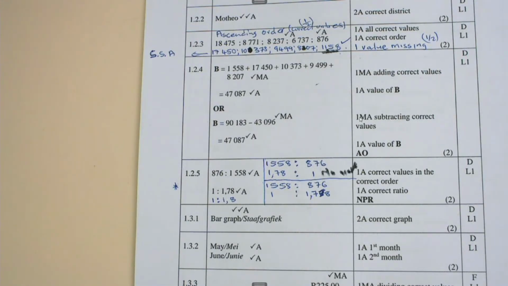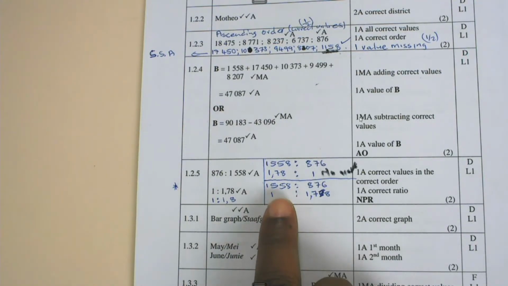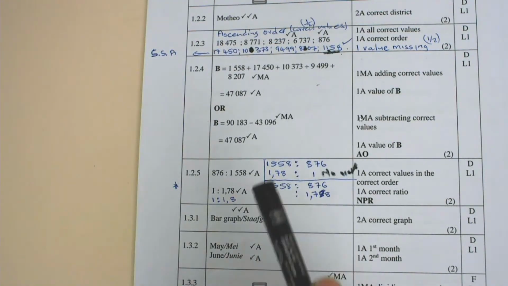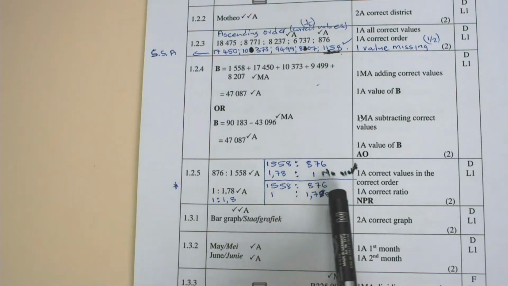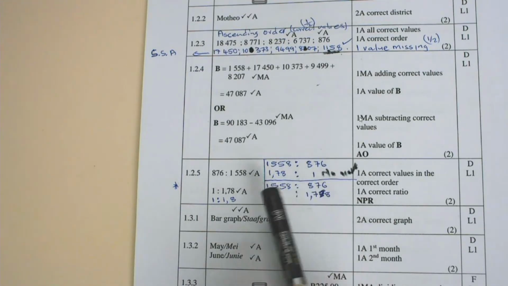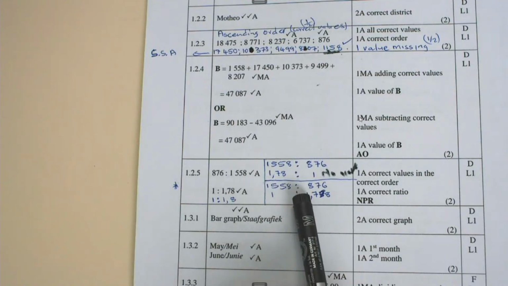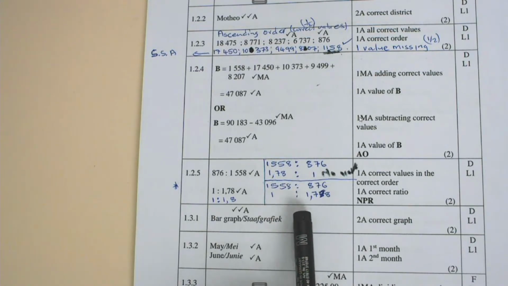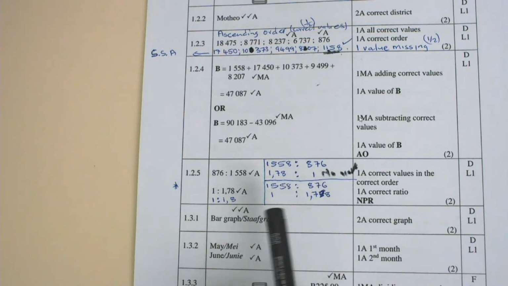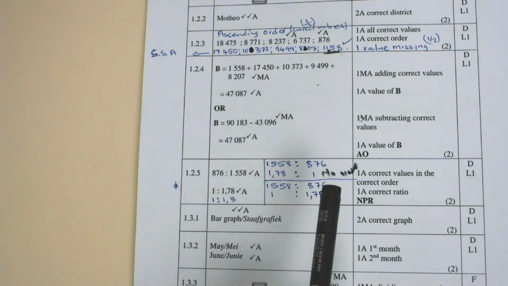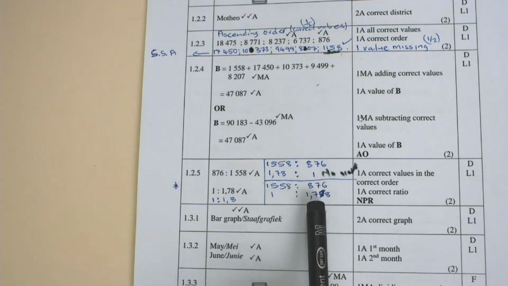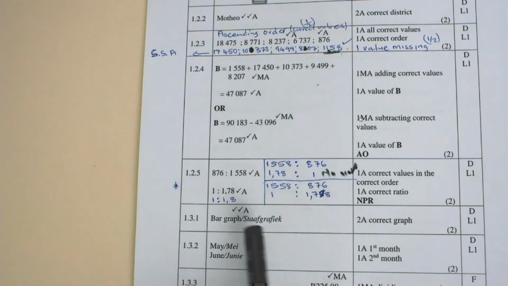And then the other one will be 1,558 is to 876. The learner still swaps the numbers, but at the end, the learner divides by 876 on both sides, and then ends up correcting himself or herself, and the answer is 1 is to 1,78 as the original answer.